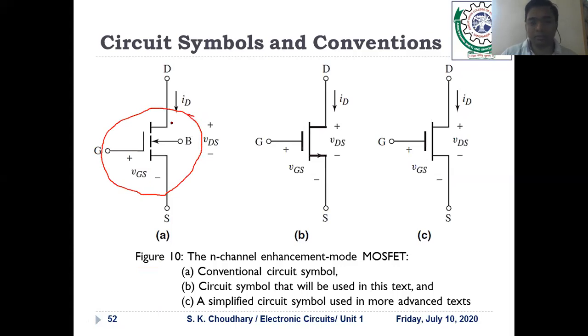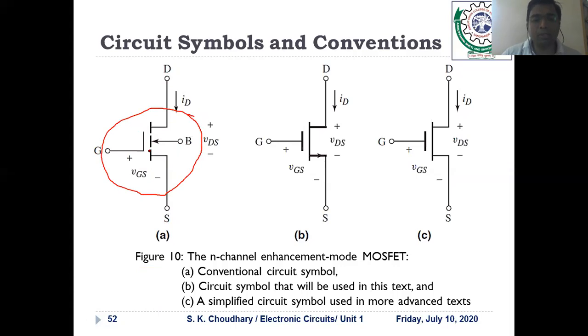So let me just revise why this kind of symbol represents the N channel enhancement type MOSFET. This is the gate terminal, this is the drain, S is for the source, and B is for the body or substrate. The gate is separated from the rest of the terminals, because as per the construction, the gate is isolated from the substrate by a dielectric, that is SiO2.